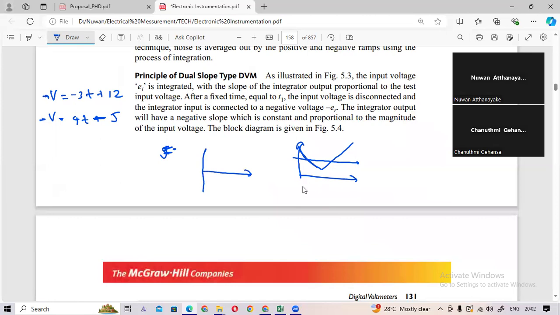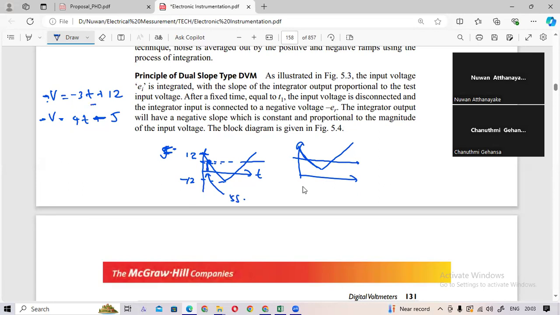So I have given two voltage ramp signals. One is this one, another one is this one. This is time. Here you are starting from a plus value, then you are coming to the minus value also. Let's say that you have detected the voltage equal at this point. Maybe I have given this time value as 5 seconds.